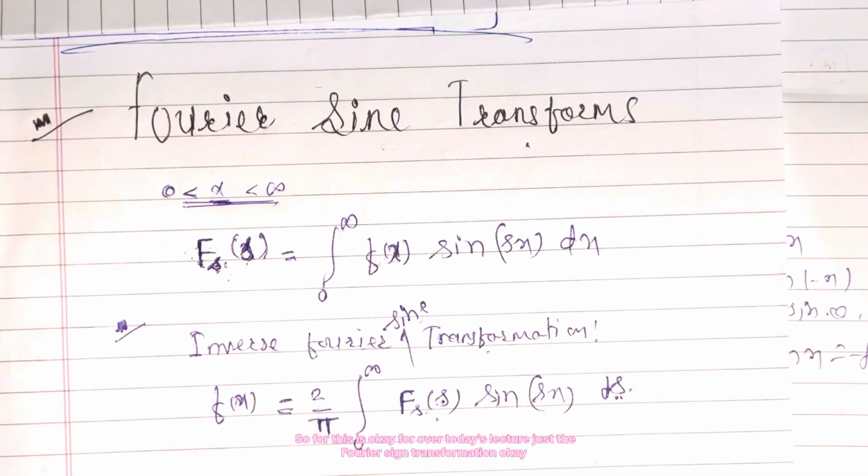For today's lecture, just the Fourier sine transformation, as I want this video to be shorter. In our next lecture, we will go through some examples based on the Fourier sine transformation.